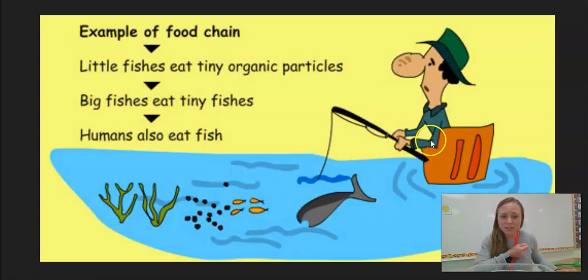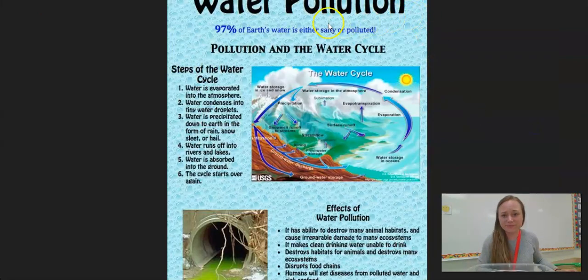And you know what? Then humans, we eat fish too. So all of those pollutants are getting into our bodies as well, just like the animals. And it's not good for the plants either. It's just a whole mess. And it hurts the entire food chain.